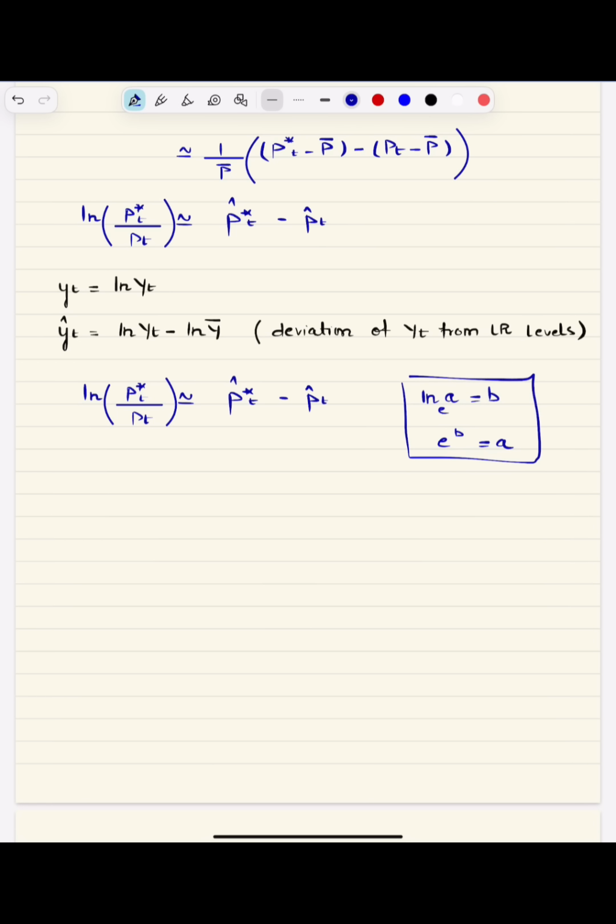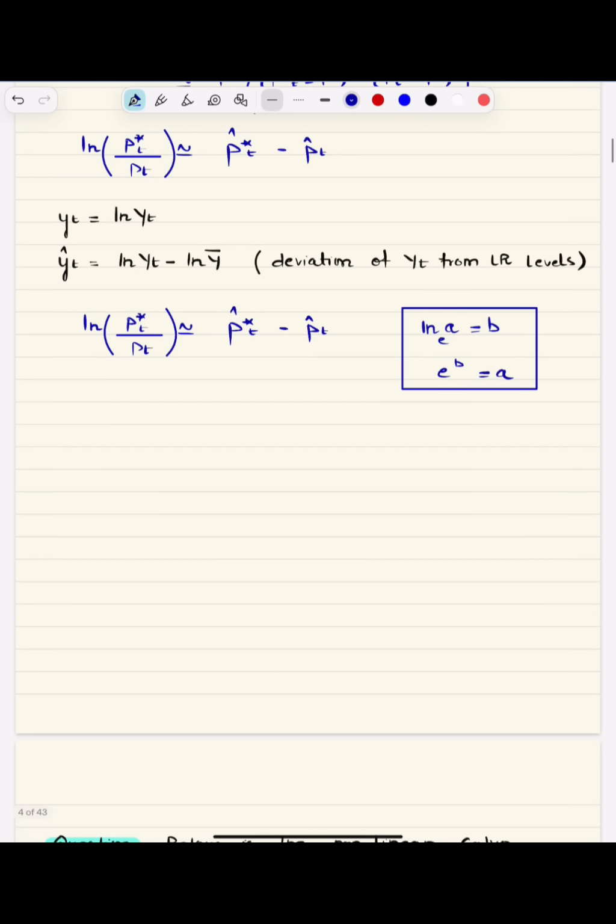So if I use this, I'll get e to the power p hat star t minus p hat t is equal to p star t over pt.